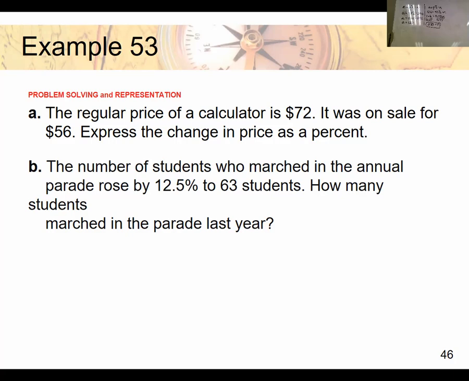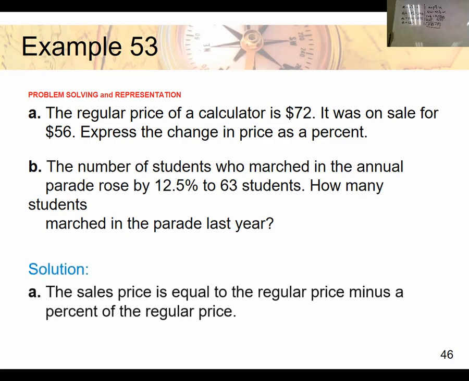How many students marched in the parade last year? Okay. So the first one is representing, it was on sale for $56 from the regular price. That has to be a percent decrease in that problem.